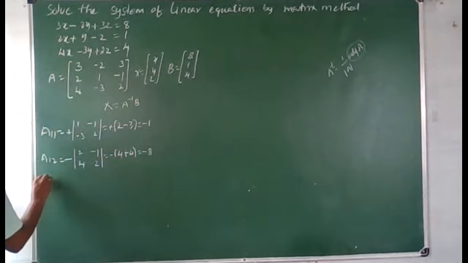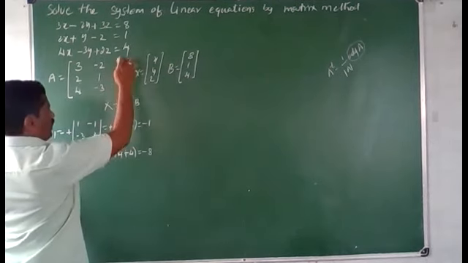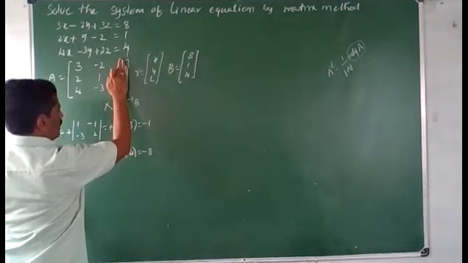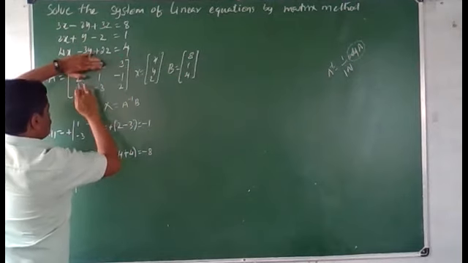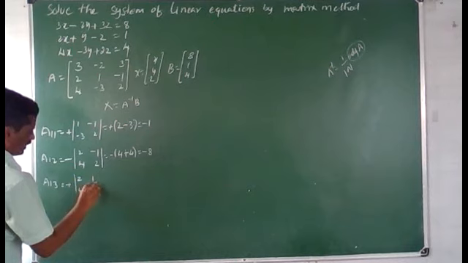Again, the cofactor of a13 is 1 plus 3, which is 4. 4 is an even number, right? Plus into the determinant of the cofactor of this element, leaving this column and row. What are the remaining elements? That is 2, 1, 4, minus 3.